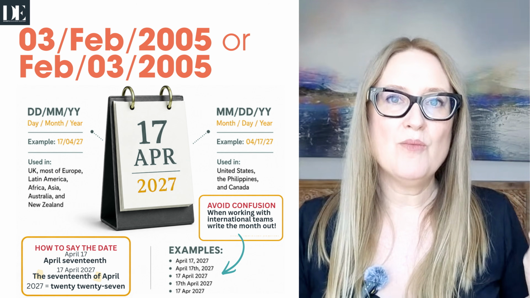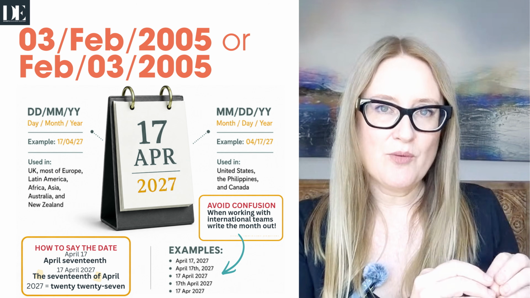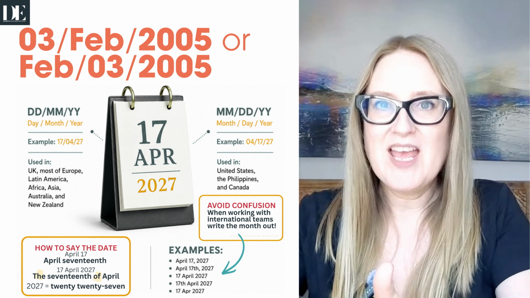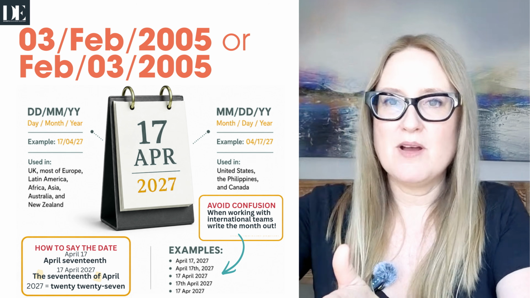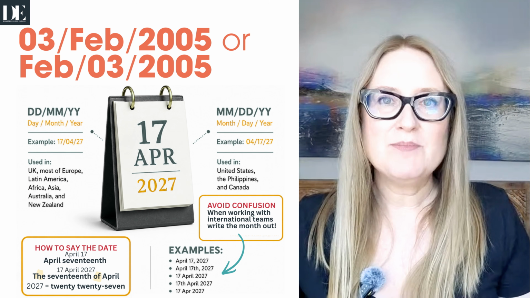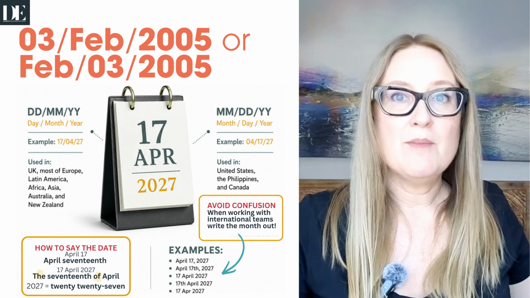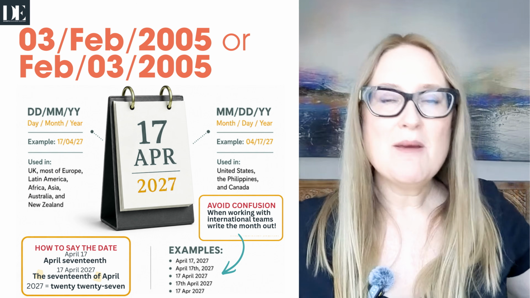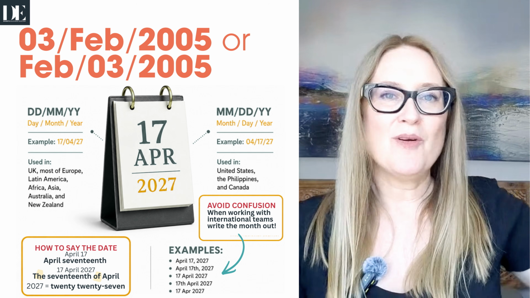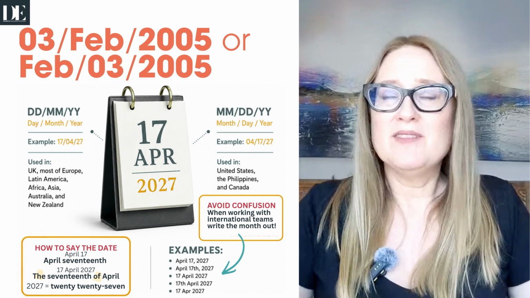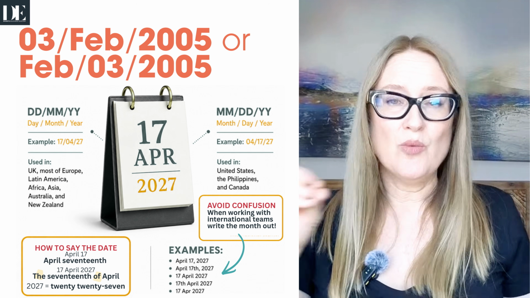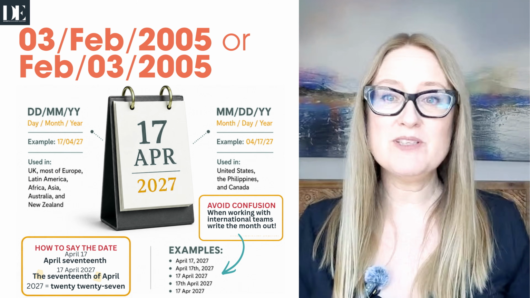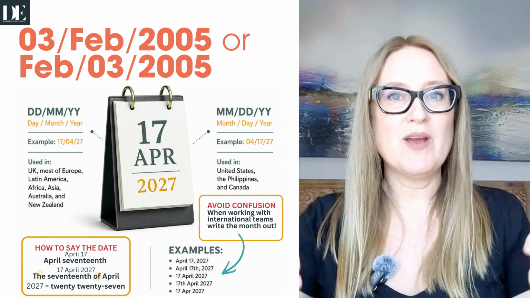If you don't know the company you're working for, the company you're communicating with, if you don't know that they are based in Manchester and they're going to use day, month, year. If you're dealing with a company that's based in Dubai or in Mumbai or in Hong Kong or in the Philippines or in Mexico or in Toronto or in Florida, anywhere globally, if you're not sure which date format they're using, write out the month. 100% of the time, you will be correct if you write out the month.